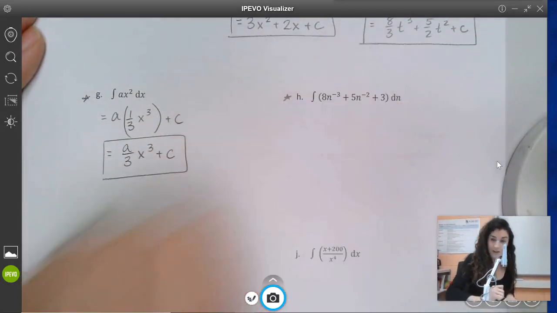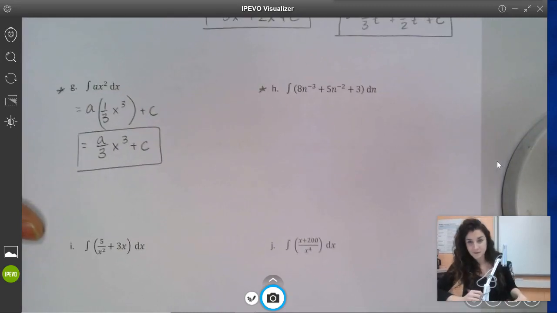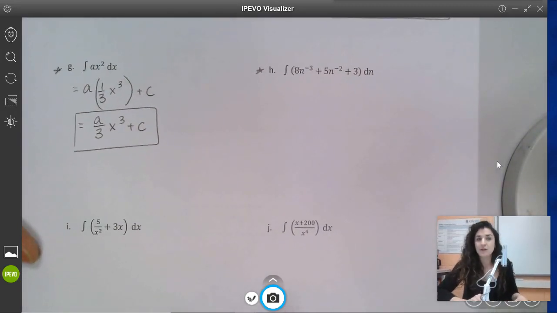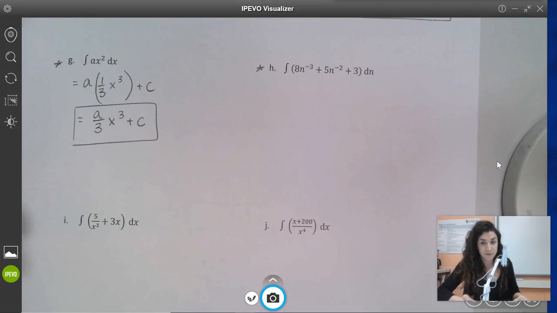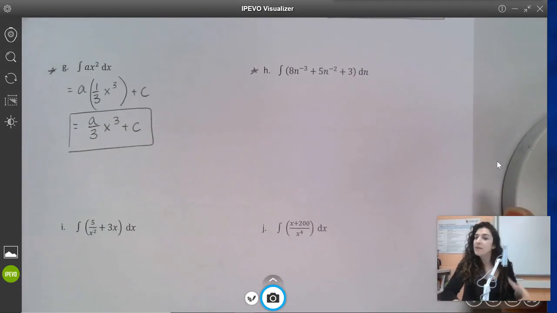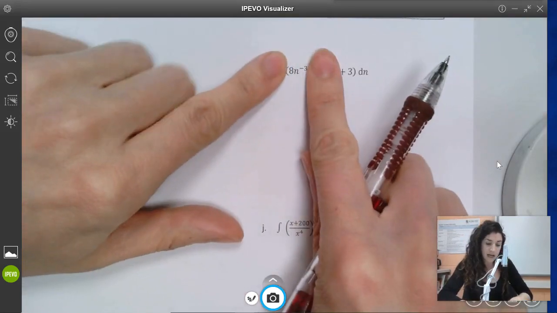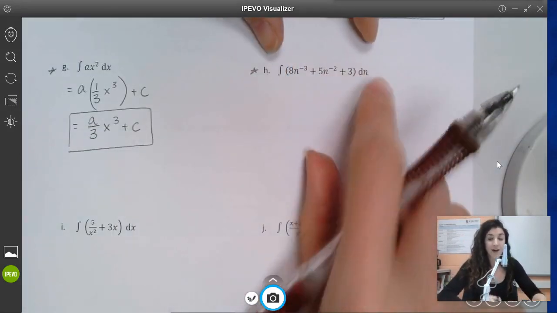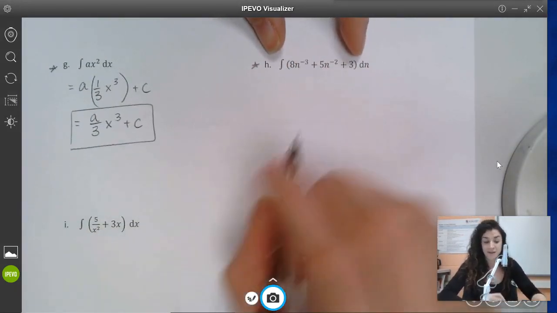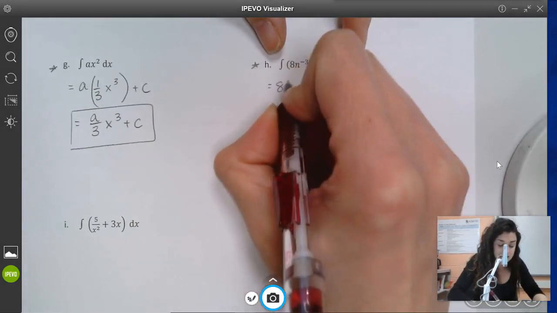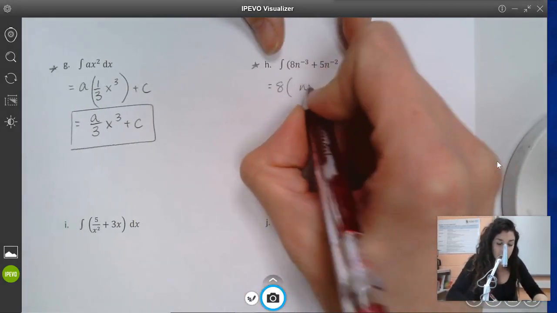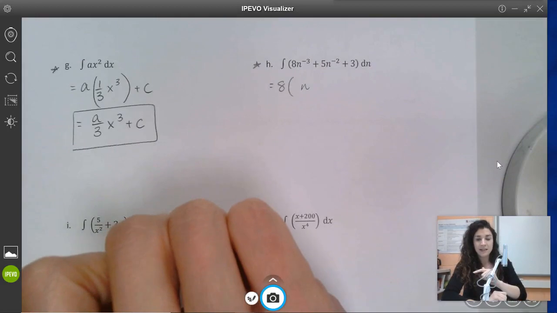Try H on your own. This one was a little bit of a doozy because you've got 3 terms now instead of 2, but still put your blinders on, focus on one thing at a time. 8n to the negative 3, also tricky because of negatives, right? So we get 8 times, and then remember that we're adding 1 to the exponent, right?